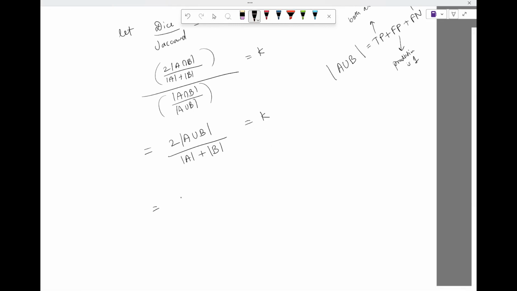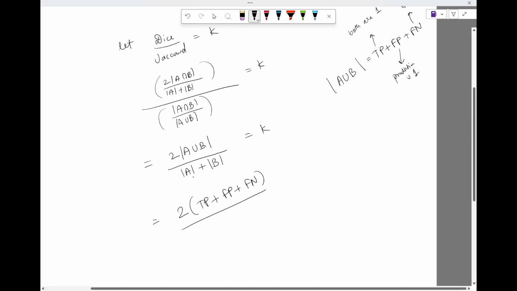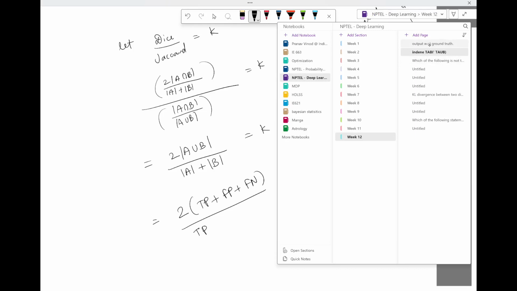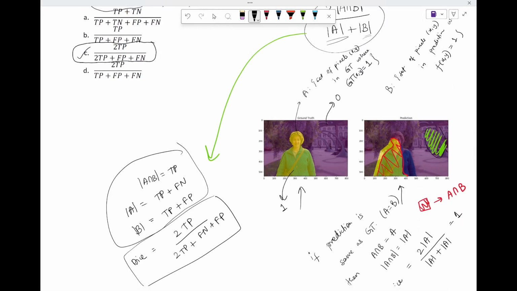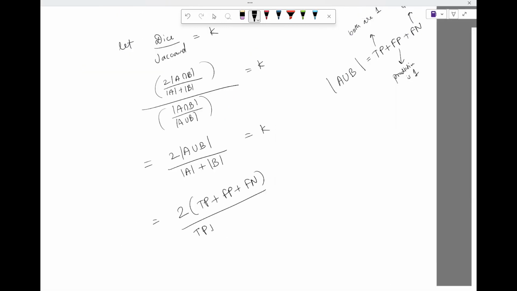So what you have is this is equal to 2 times A union B upon A plus B. A just now we saw is true positive plus false negative, and B is true positive plus false positive.